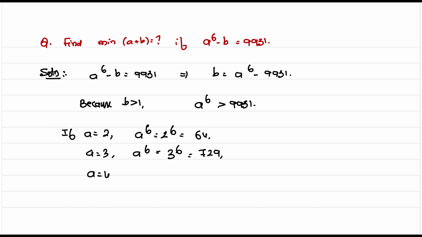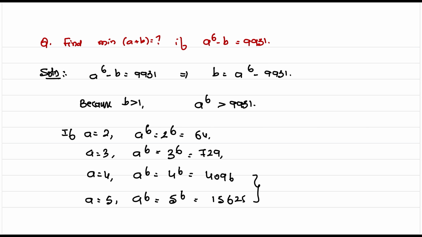And a is equal to 4. a to the power of 6 is equal to 4 to the power of 6, that is equal to 4096. And if a is equal to 5, a to the power of 6 is 5 to the power of 6. What is the value of 5 to the power of 6? 15625.